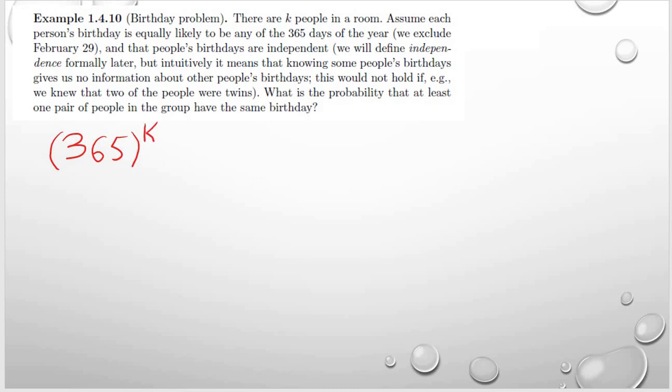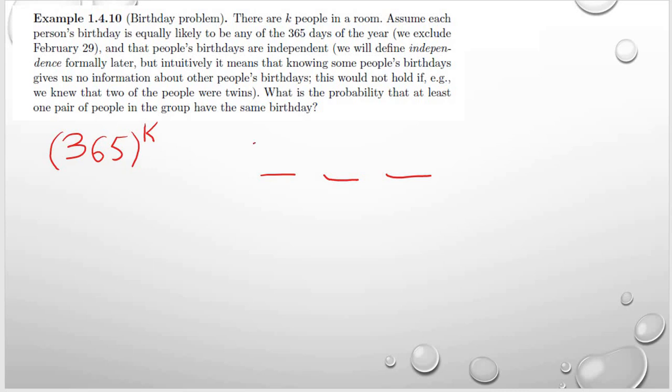And so there are this many ways that people's birthdays could be spread out evenly and independently through a year of normal length. Now, if we want people's birthdays to all be different, then we're going to have to think about how many slots we have for the first person's birthday. Not that the order really matters, we have to start somewhere.